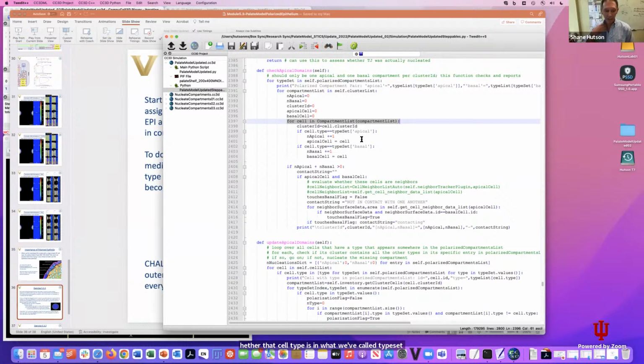In this case, that's just a variable that basically has a cell type in it. We're looking for an apical cell type here. And if it exists, then we're going to let the apical cell variable become that cell, right? We're going to reassign those. We also check if it's a basal cell type, and if so, we're going to call basal cell equals that cell. Now we come down here.